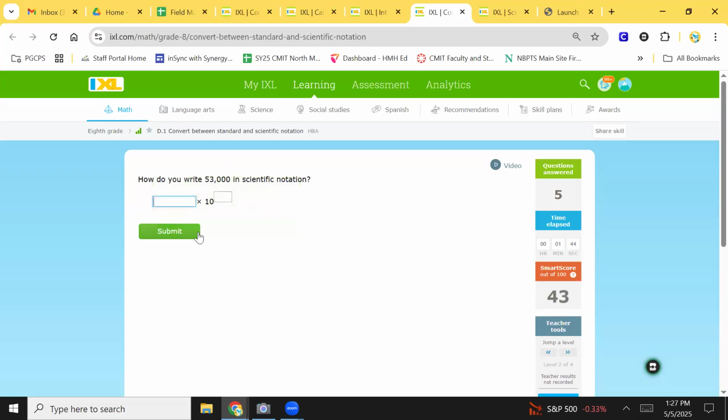All right. So let's talk about our success criteria for scientific notation. I can write numbers in scientific notation, which is like one number here, numbers after the decimal, dot, dot, dot, times 10 to the something, right?